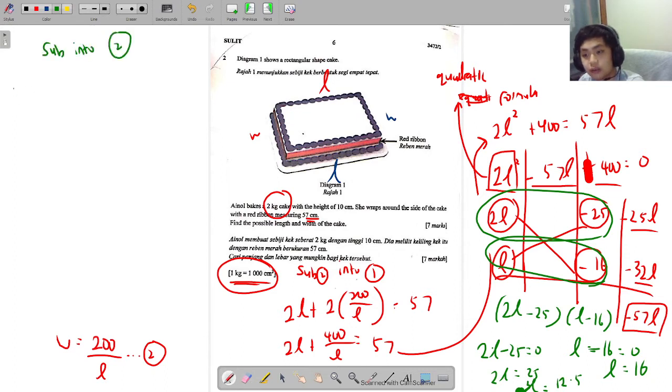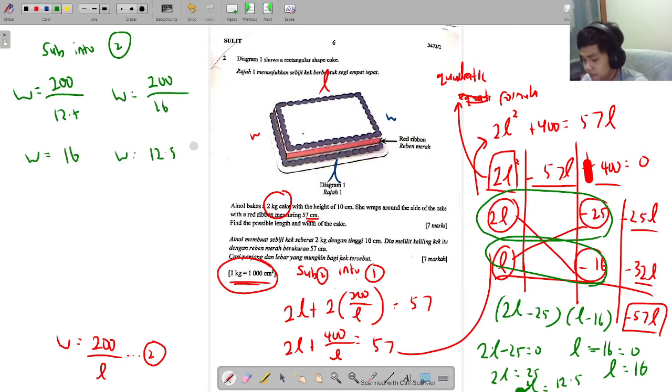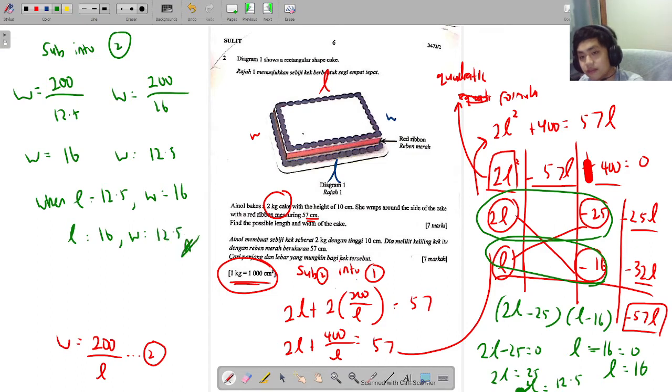So 2L, where L is 12.5 and the other L is 16. You notice I'm going to get back the same solutions. So you can take either one of the solutions in this case. When L equals 12.5, W equals 16. When L equals 16, W equals 12.5 cm. Right? And this is done here.